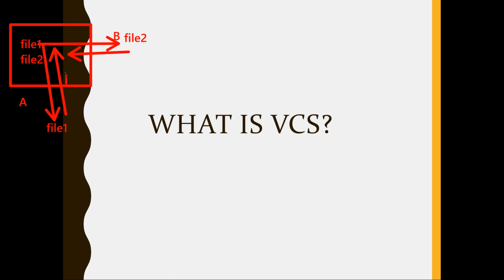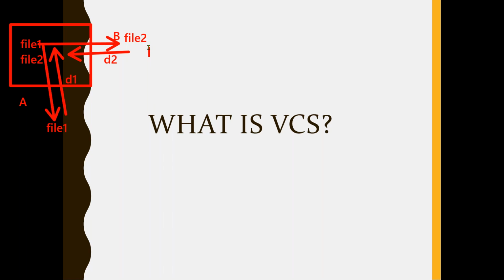Okay, this happened on day 1, this is on day 2. Now both of them have placed their changes back. Both of them got the same file, file 1, so they kept the file back.